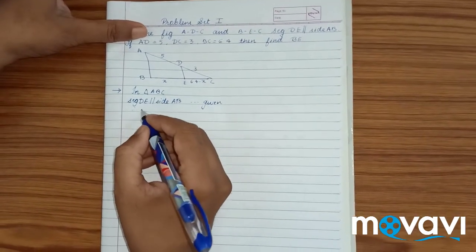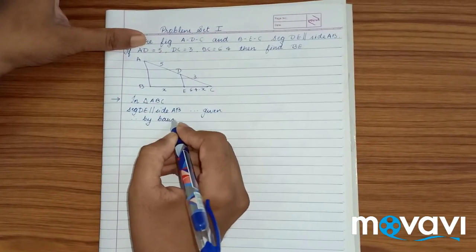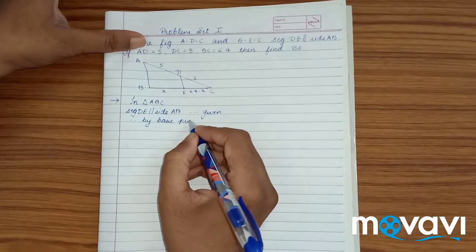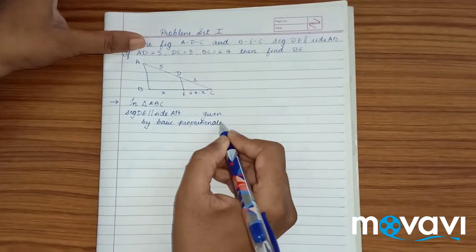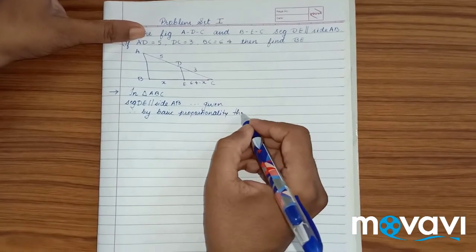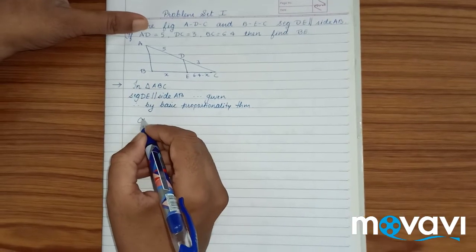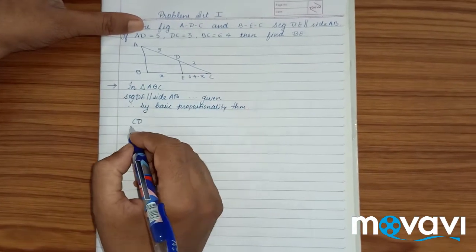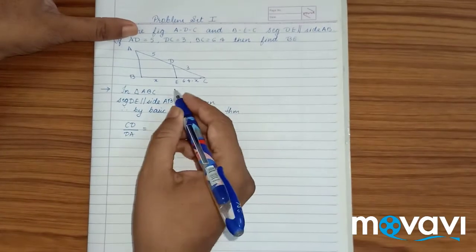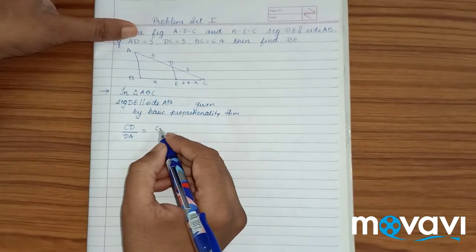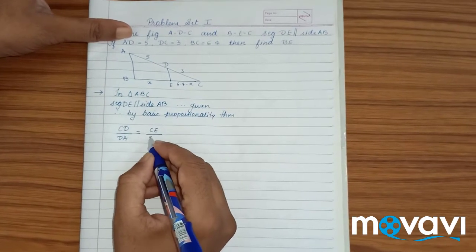So now by basic proportionality theorem, we can write the ratios, that is CD upon DA is equal to CE upon EB.